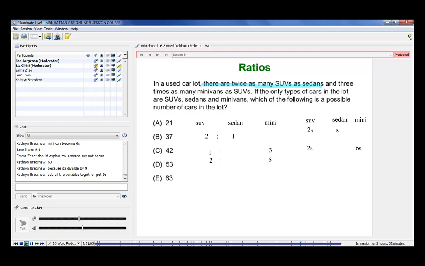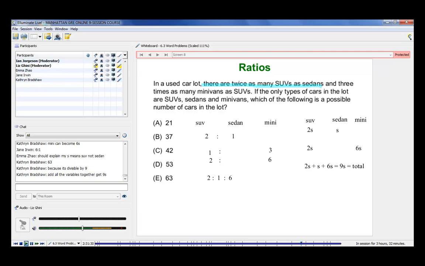That's the key. If you think about it, 2S plus S plus 6S equals 9S, which equals the total. Or you could look at the final ratio. The final ratio is going to be 2 to 1 to 6.